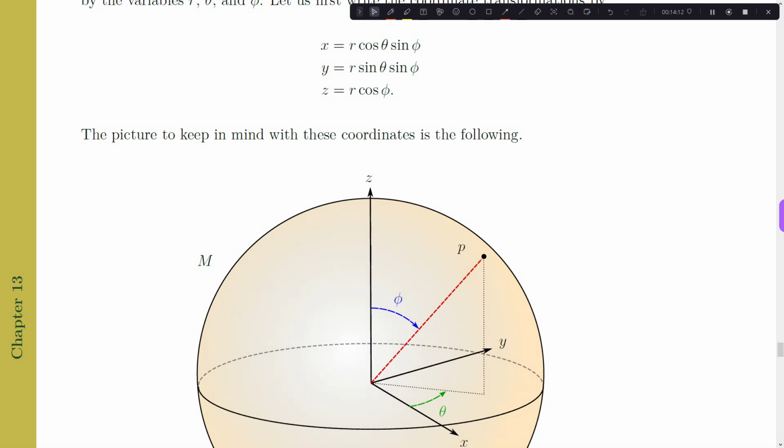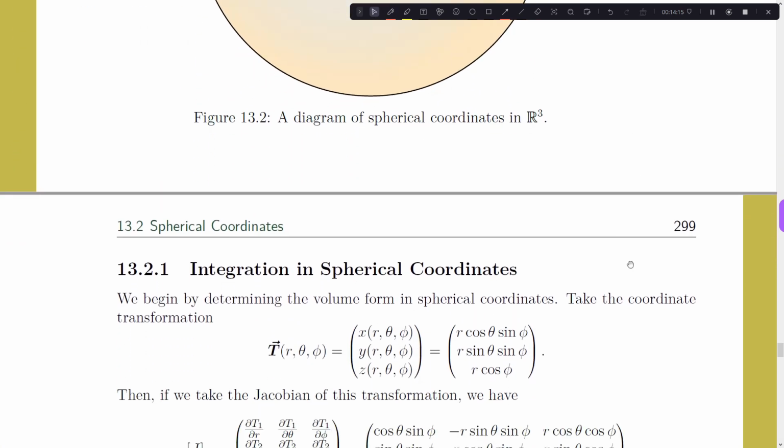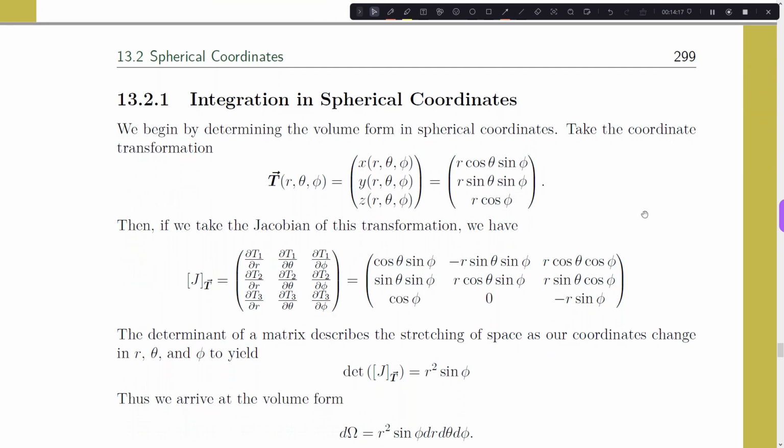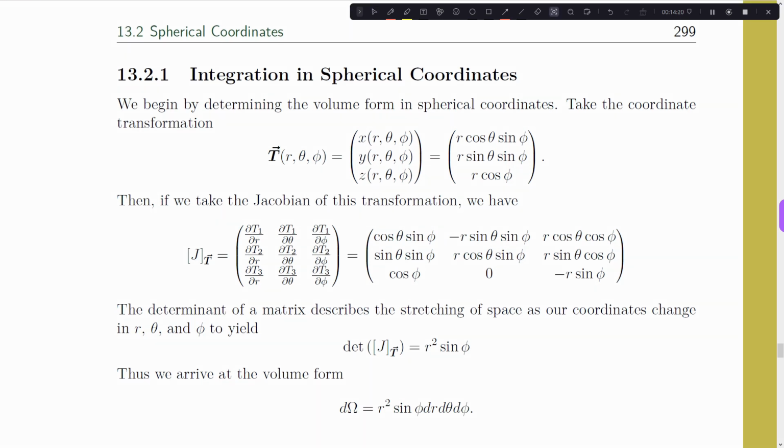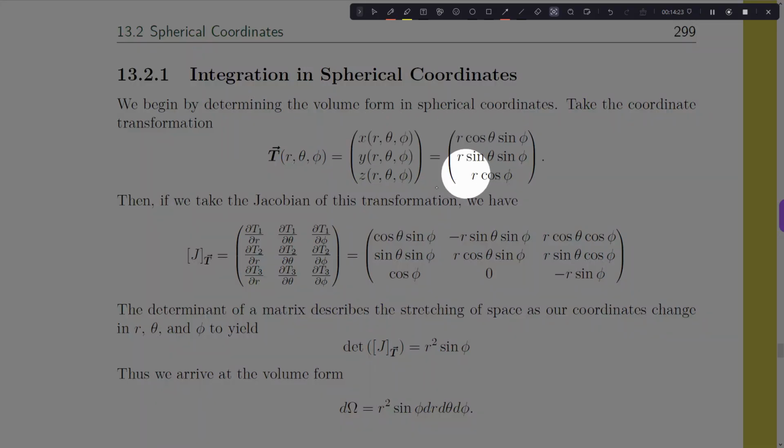Let's scroll down to integration with spherical coordinates. So we can do the same procedure we did before with cylindrical coordinates, where we understand their definitions, and we compute the differential of the transformation, which takes us from an xyz coordinate system to an r, phi, and theta coordinate system. And we recover the Jacobian of that, and we take the determinant of the Jacobian to recover r squared sine phi.